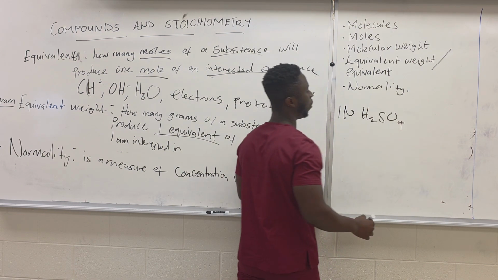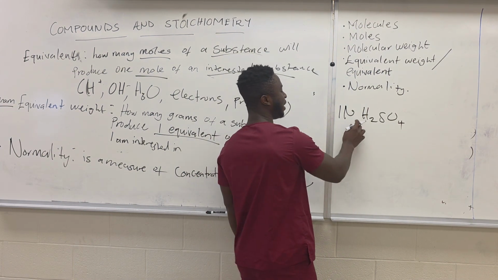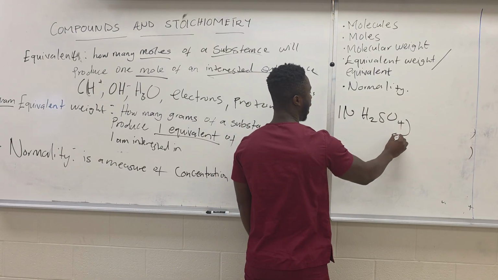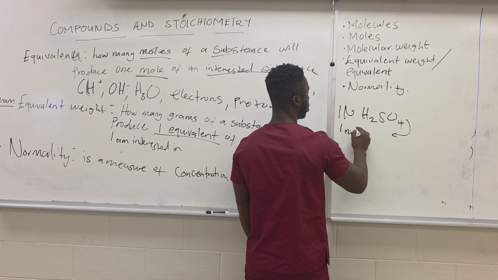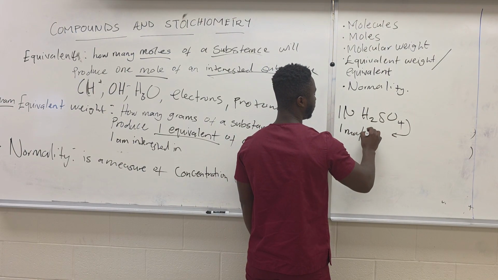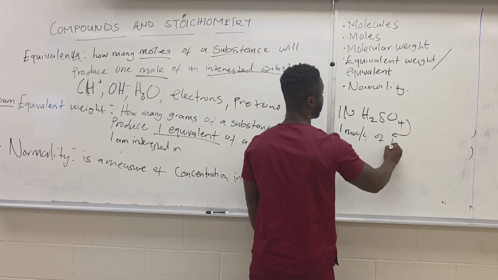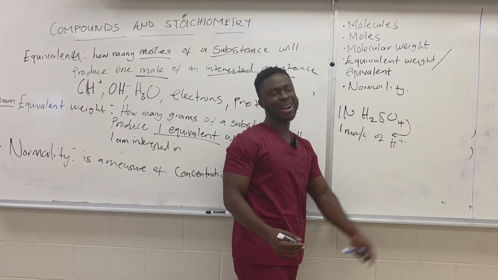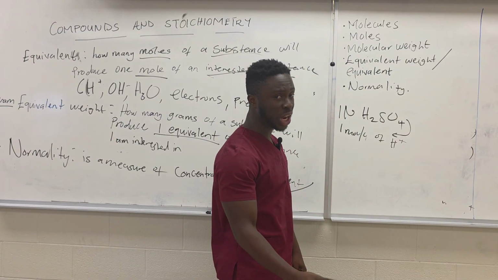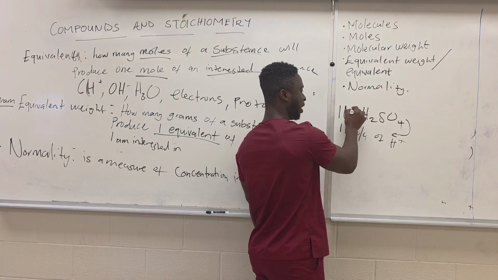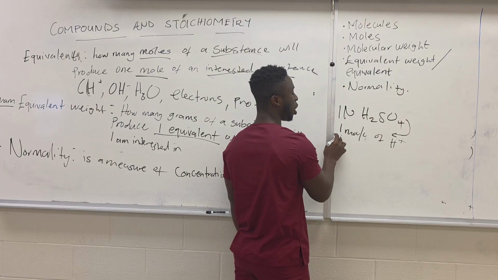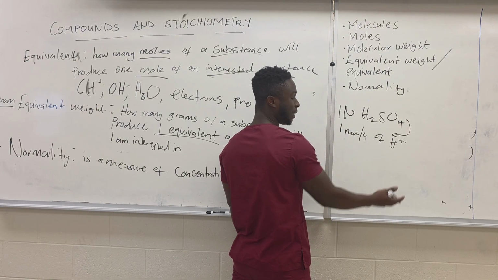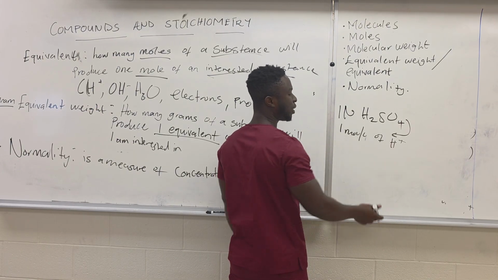What we're talking about is that this H2SO4 has 1 mole per liter of H plus ions in it. Now, the concentration of the H2SO4 itself might be the same or might change, but one normality is equal to 1 mole per liter of the hydrogen ions.